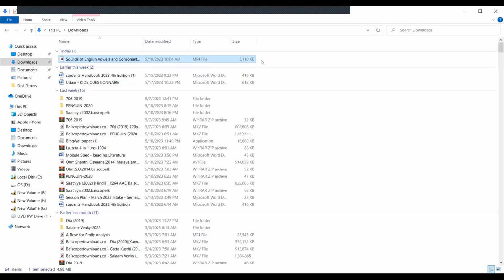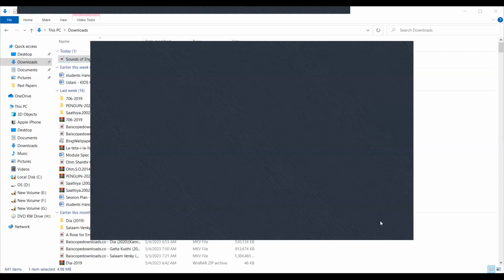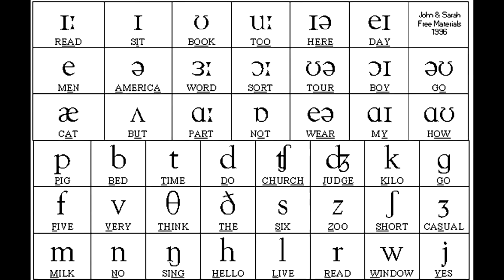Okay, wait. Share it with the advanced option. I suppose now it should be okay. Now can you see and hear?